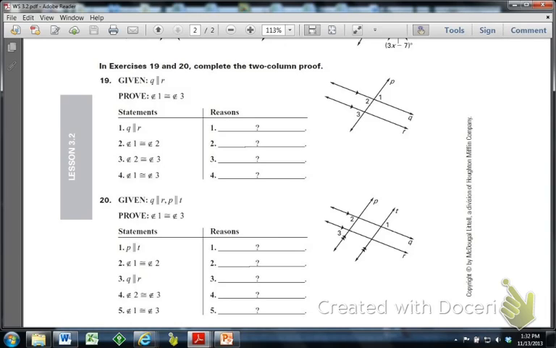So the first one is, why are we allowed to say that line Q is parallel to line R? Well, the reason is it's given right here. So the first reason for line 1 is given. What's the second reason? How are we allowed to say that angle 1 is congruent to angle 2?